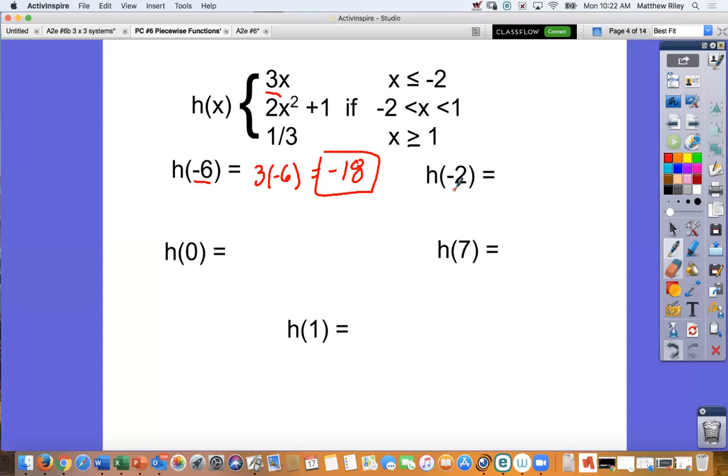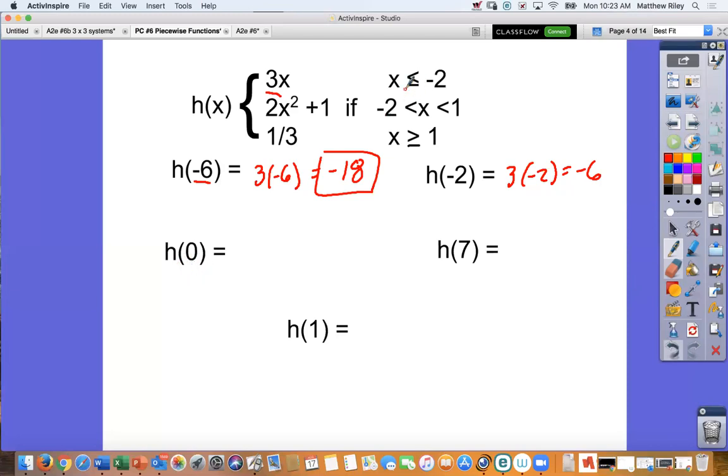Again, what about h of -2? Do I use the top one, the middle one, or the bottom one? Top one, again because it's inclusive, it's or equal to, so that's going to be 3 times -2, which is -6. Any questions so far? The next one, h of 0.